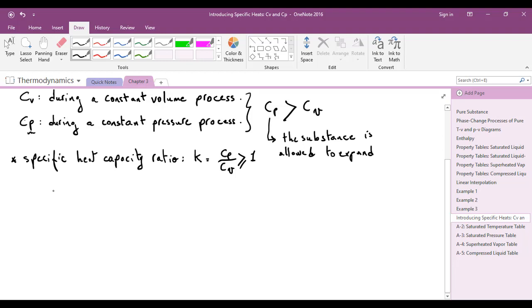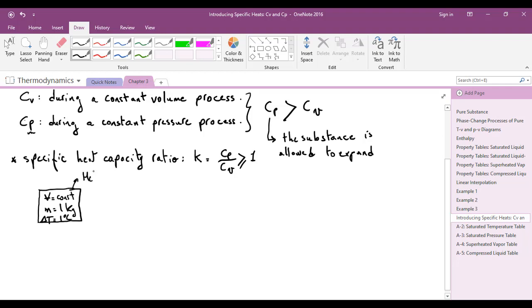If we want to look at it from a thermodynamic point of view and define Cp and Cv in terms of thermodynamic properties, let's take, for example, a fixed volume. A tank has a fixed volume and contains 1 kilogram of helium, and we want to raise this 1 kilogram by 1 degree Celsius.